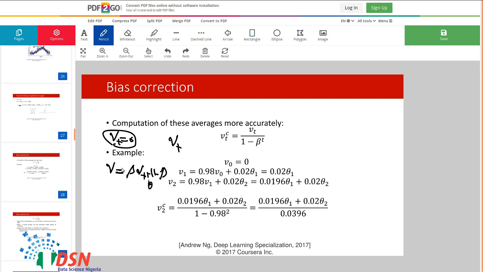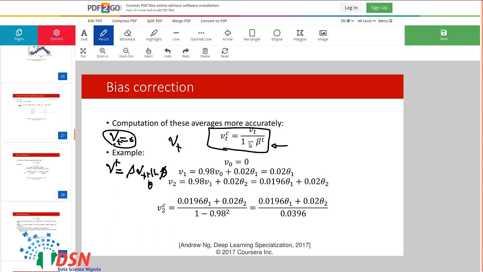To mitigate this problem, we perform bias correction. We divide the v of t by a small number, so the result is a bigger number than v of t. We call that bias correction.